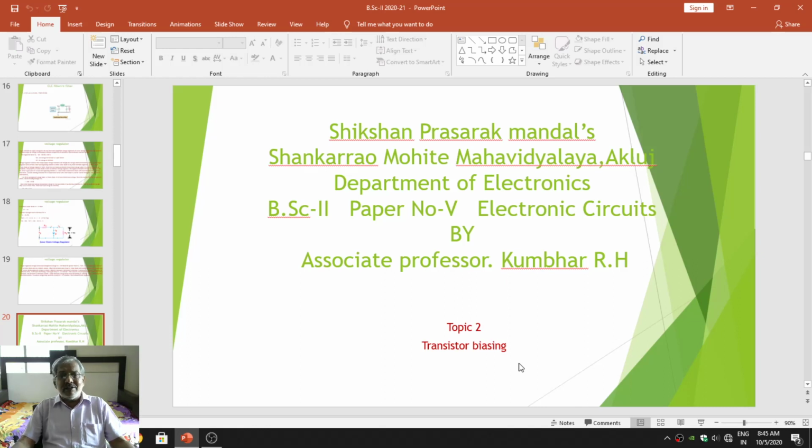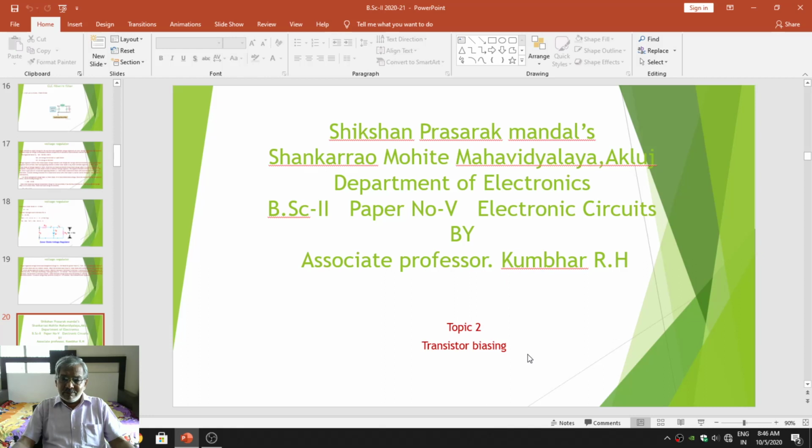In the previous year, that means in the BSc 1, we studied transistor as a semiconducting device, and we studied that transistor is a semiconductor device in which one type of the layer is sandwiched between remaining two types of the layers. There are two types of the transistors.